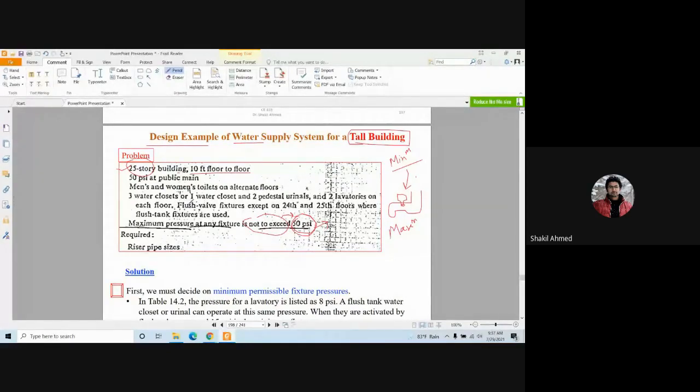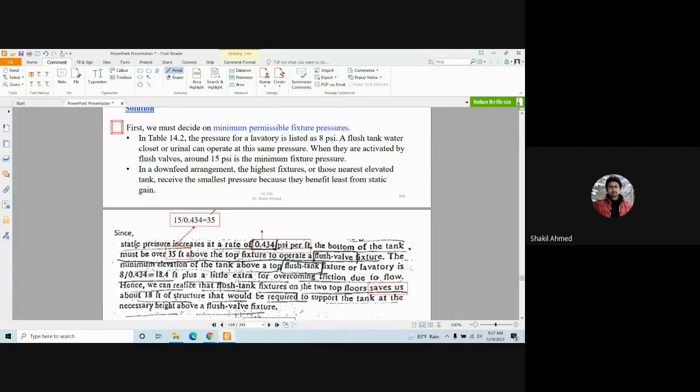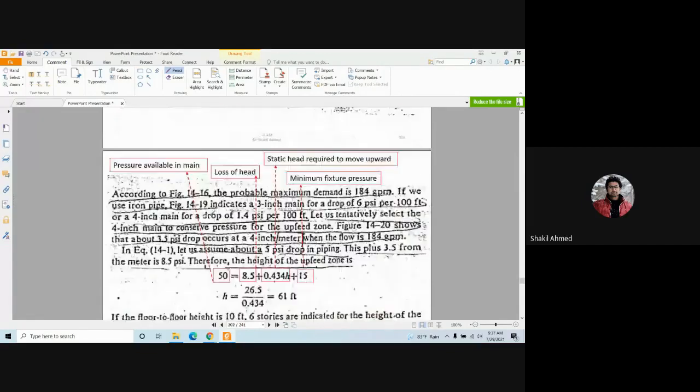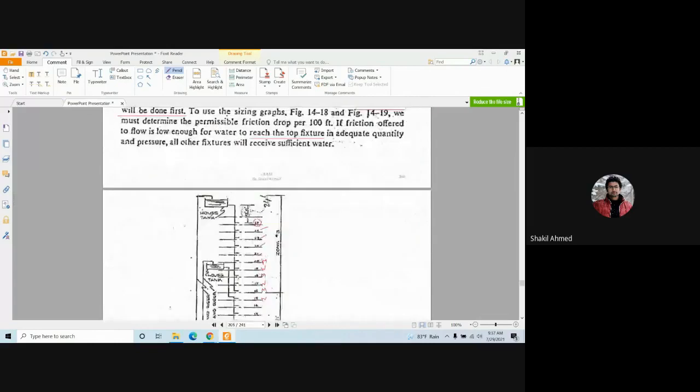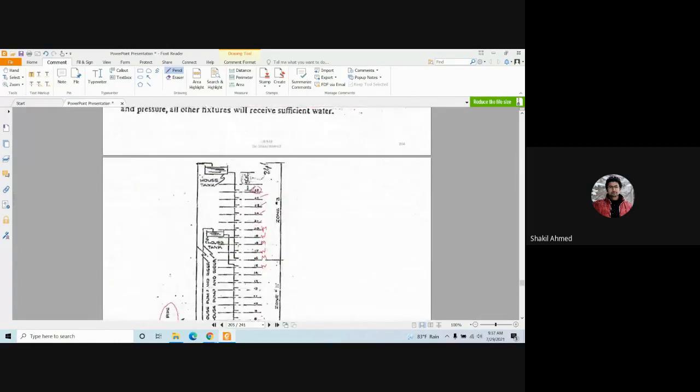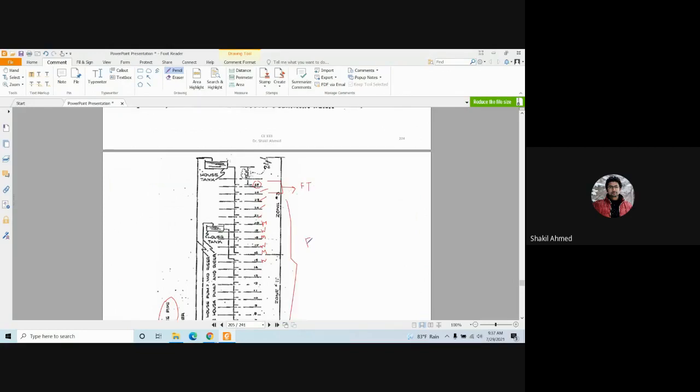Flush valve fixtures except on 24th and 25th floor where flush tanks are used. I'll tell you the reason. Only in these two floors you will use flush tank, and the other floors you will use flush valve.